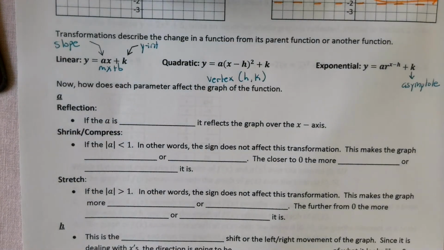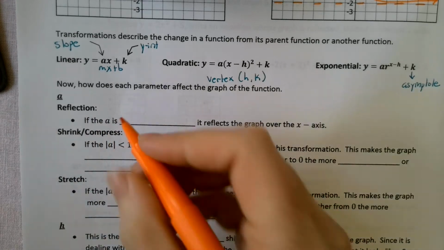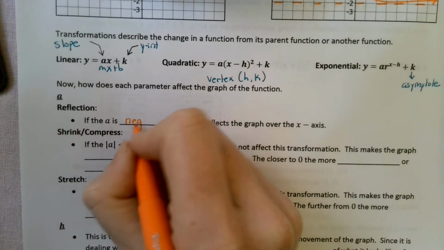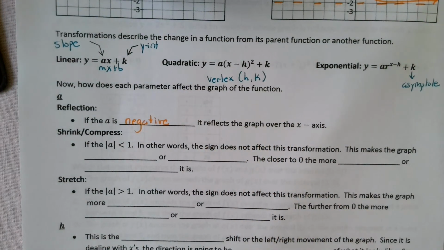Okay, now we're going to look at A. A is going to tell us a whole bunch of stuff. You ready? Alrighty. So, A tells us reflection. If the A is negative, it reflects the graph over the x-axis.